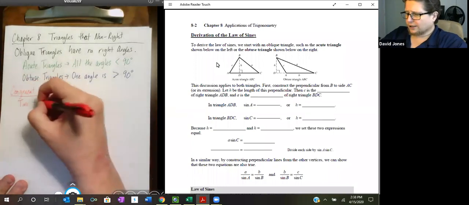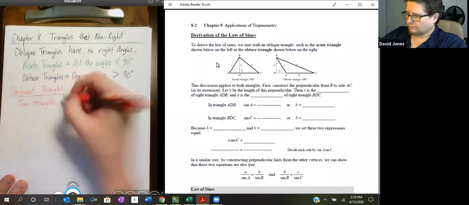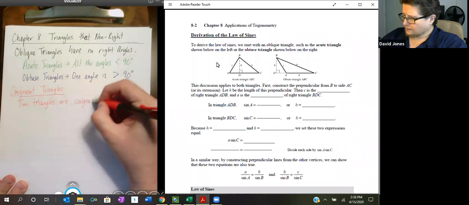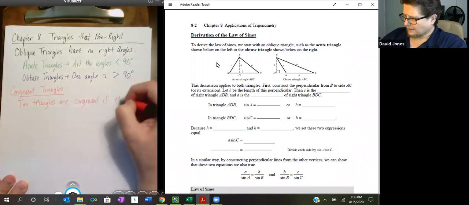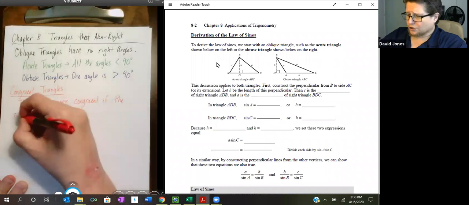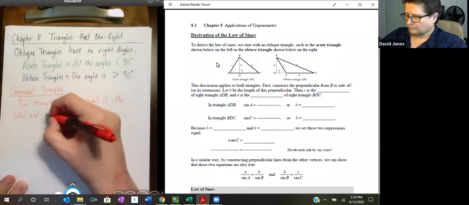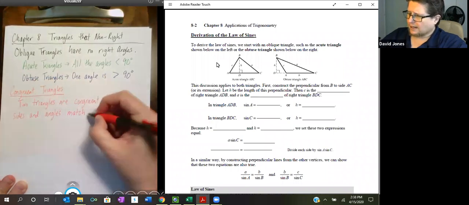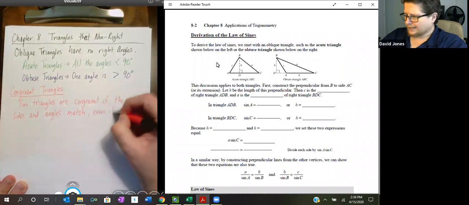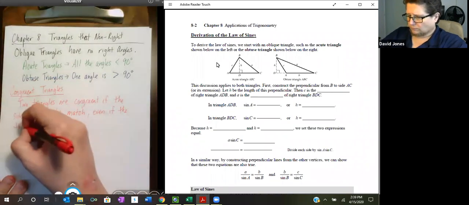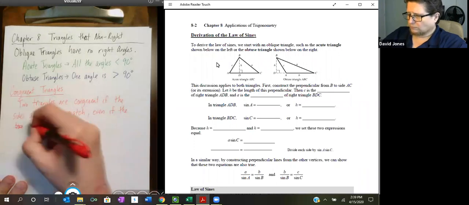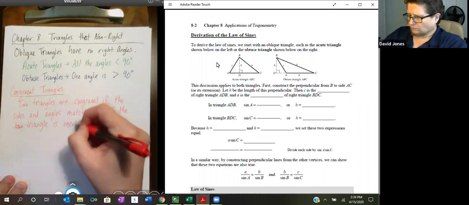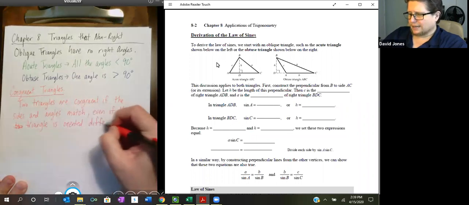Two triangles are congruent if the sides and angles match, even if the triangle is oriented differently. Let me draw an example for you.